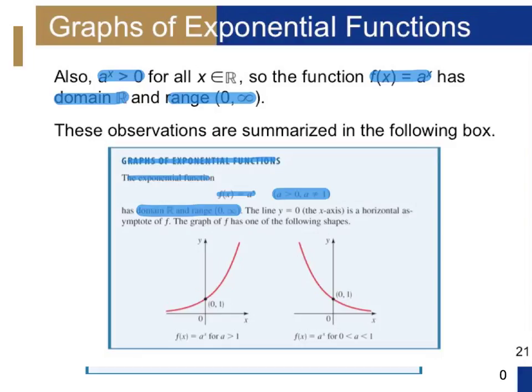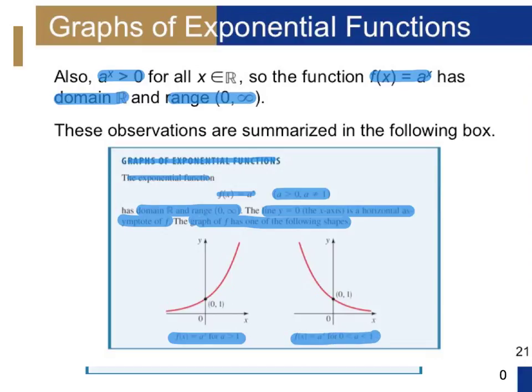The line y equals 0, the x-axis, is a horizontal asymptote of the function. And the graph has one of the following shapes. This is when a is greater than 1: it goes up really fast. And when a is between 0 and 1, a fraction, it goes down really fast. But notice it always goes through 0, 1.